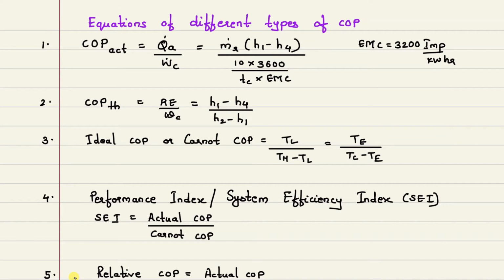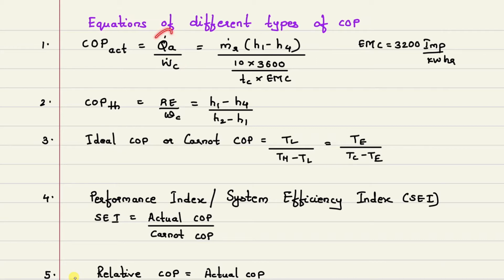So here different equations are written related to COP or performance. So first COP is COP actual. Now this COP actual is equal to Q dot A actual upon compressor power, that is also actual.